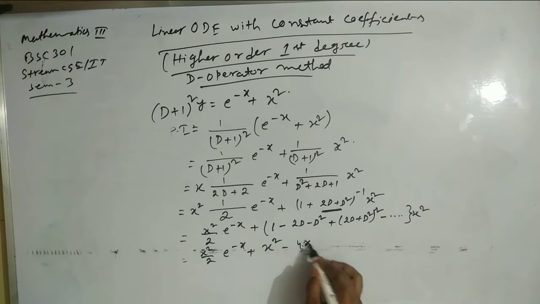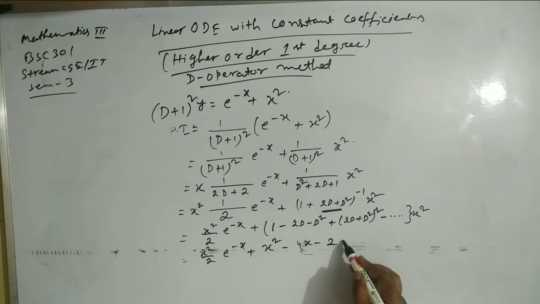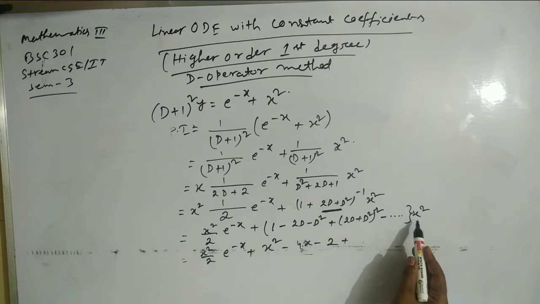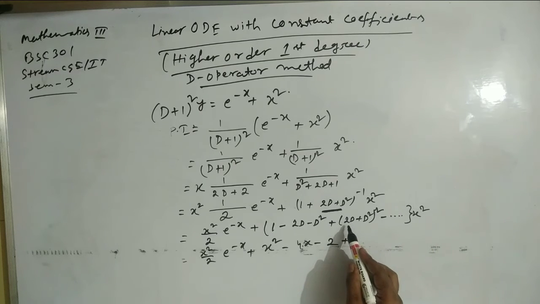So it will be 4x, minus D square of x square, that is second order differentiation of x square, which is 2 now. Plus, after splitting this with the formula of (a plus b) whole square, this will be 4D square. So D square of x square will be 2 and there is a constant 4, so 4 into 2, it will be 8.